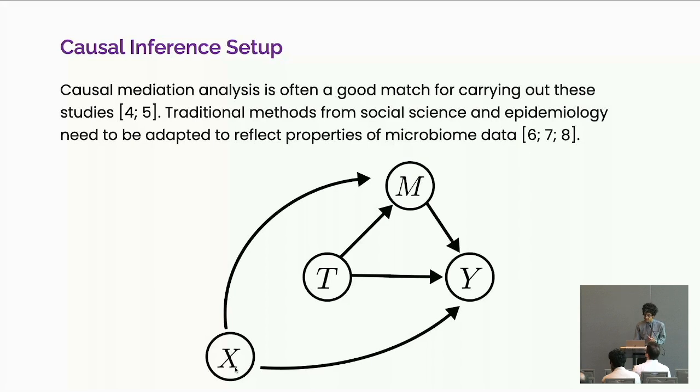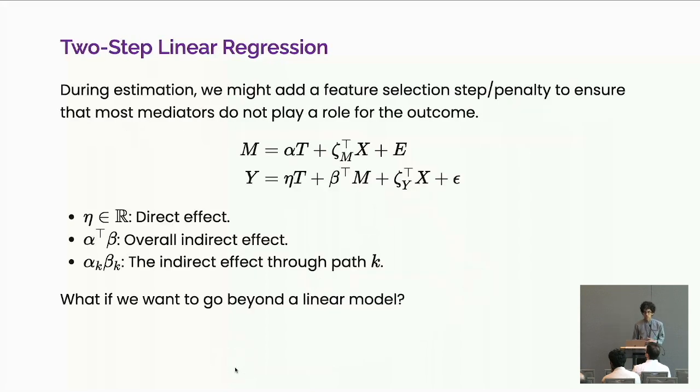How would you fit this kind of model? One approach, maybe the most straightforward approach, is to just do two linear regression models. Okay? So the first model is the mediation model. The second model is an outcome model. In the first one, you look at how the control variables X and your treatment affect the mediator. In the second one, how does the treatment, the mediator, and these control variables influence the response?